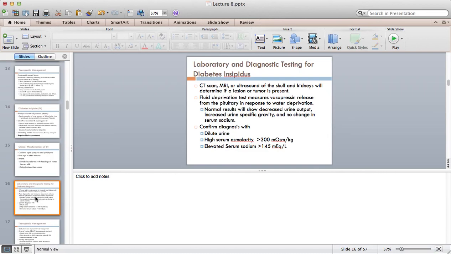And when you look at the serum sodium, you see the sodium is high. That's what you see in diabetes insipidus.